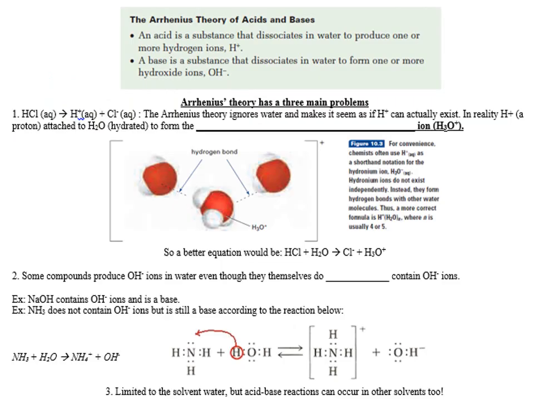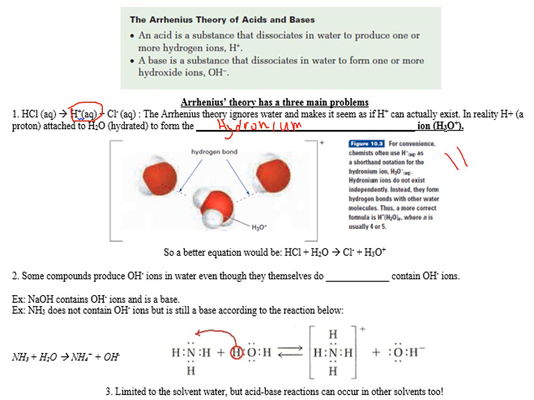So here are the main problems with the theory that Arrhenius had for acids and bases. The first thing is that H plus doesn't actually exist. It's just a proton. In reality, when H comes off of an acid, it binds to, let's say, water to form hydronium ions, which is H3O+. But we write down H plus as a summary.